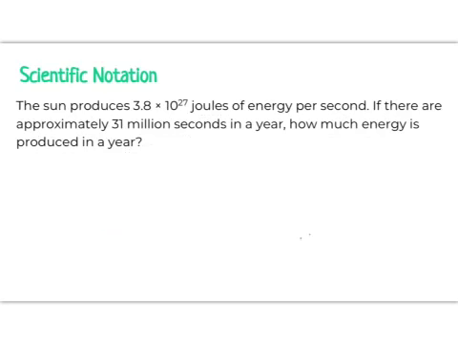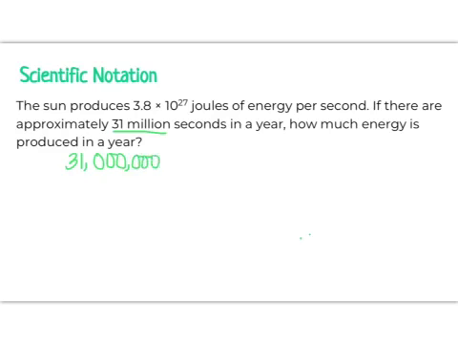Looking at this one, the sun produces 3.8 times 10 to the 27 joules of energy per second. If there are approximately 31 million seconds in a year, how much energy is produced in a year? I need to determine two things first. The first one is 31 million. I need to put that number in scientific notation. 31 million is written with 6 zeros.